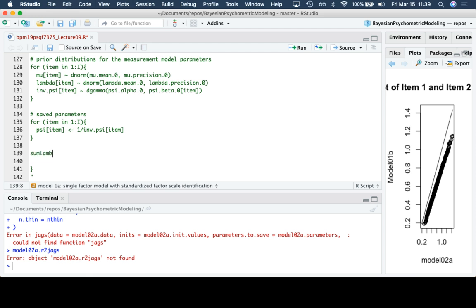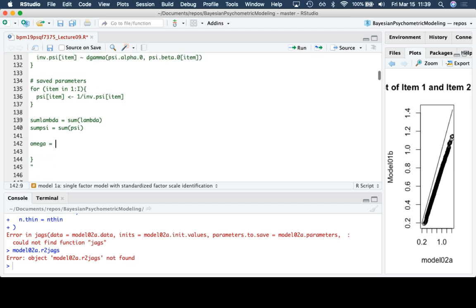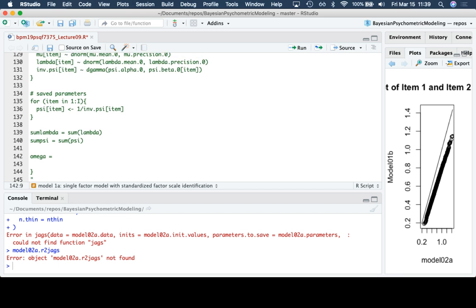Sum lambda equals sum of lambda. Sum psi equals sum of psi, and then omega, which is what Rod McDonald, one of my mentors, called this, though I've heard other people call it other things.